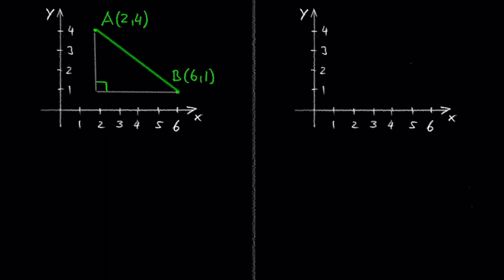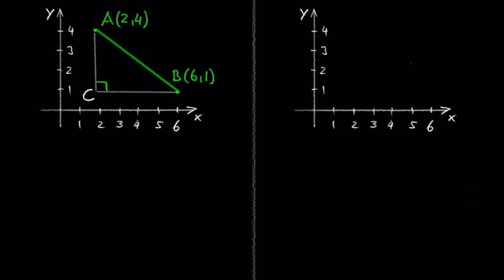Let's call this point C. If we knew the lengths of these 2 sides of the triangle, it would be very easy to calculate the length of the hypotenuse of this triangle with the Pythagorean Theorem. So what we're going to do now is to find out the lengths of these 2 line segments to get the distance from A to B.